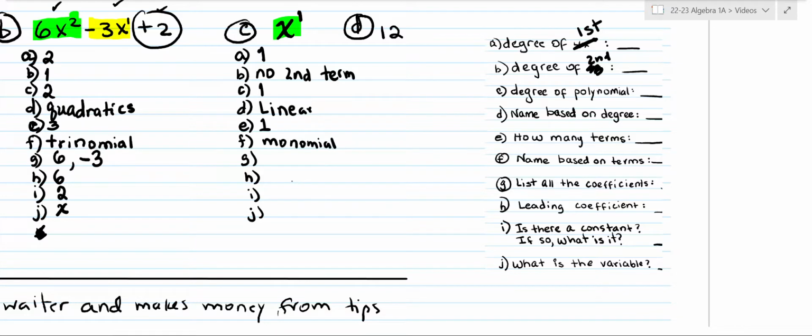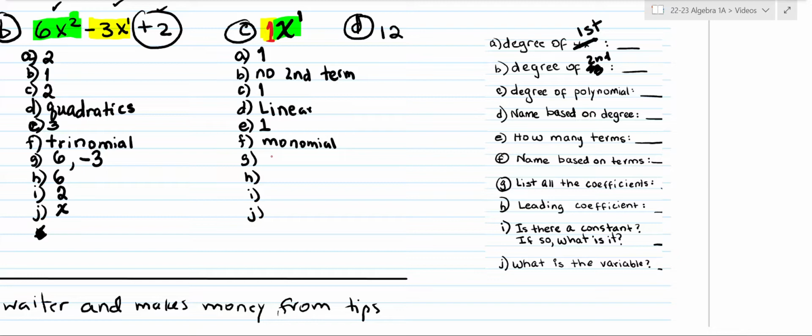G, list the coefficients. There's only one term that has a variable, the only term. What's the coefficient? The coefficient is the number in front. And since they didn't write anything, that doesn't mean that it's 0. It's an understood 1. The identity property here, so it's got to be a 1.